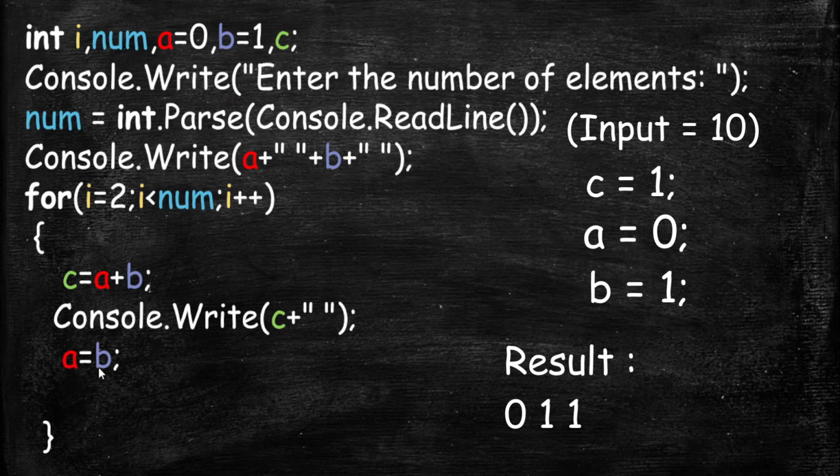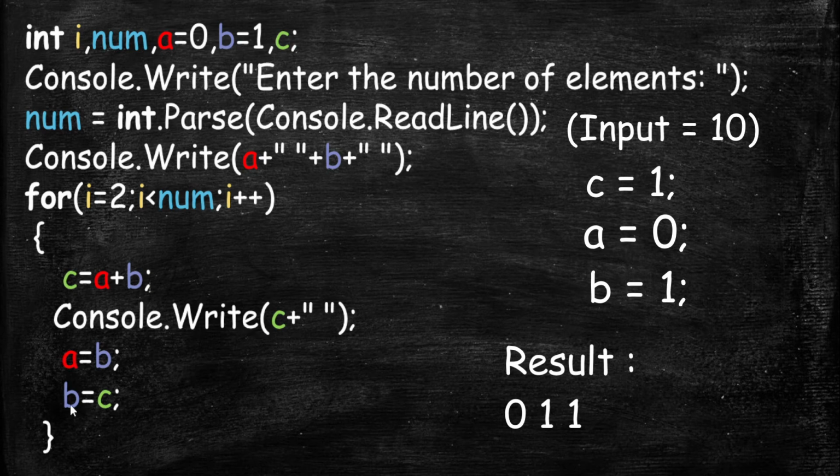a is equal to b. The initial value of a is 0 and the initial value of b is 1. So a is equal to b means a is equal to 1. Then we have b is equal to c. We added a and b, which were initially 0 and 1, and it makes c equal to 1.